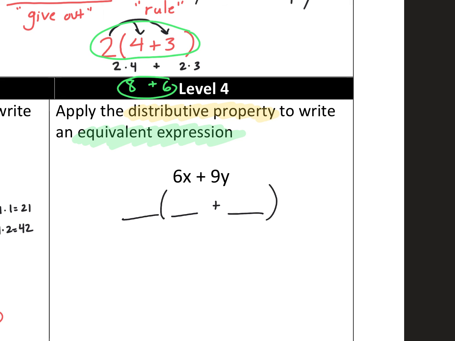I know I want equivalent expressions, so when I am done, I want to multiply to get 6x, and I want to multiply to get 9y. You notice I just bring the variables down. These letters are called variables, okay? So I'm going to put the x here and the y here so I don't forget them. But we're going to do the same thing we did last time.